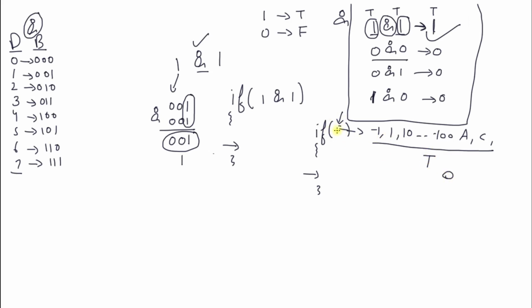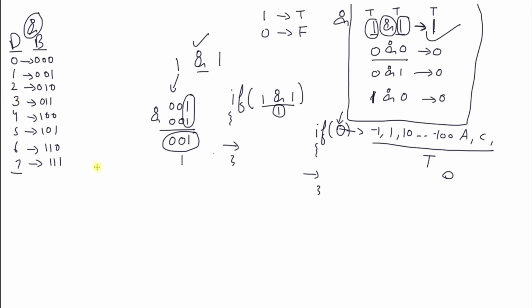If you are writing 0 here, this is false. Other than that, whatever is coming inside the if is true. So here this 1 AND operation with 1 would result in 1, so this would be replaced by 1. As this is a non-zero value, this if statement is evaluated as true and you will go inside the if. So this is how it works.